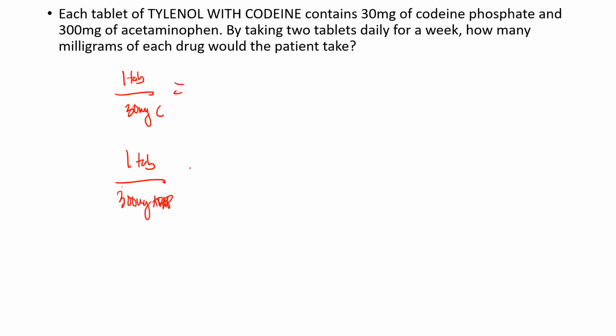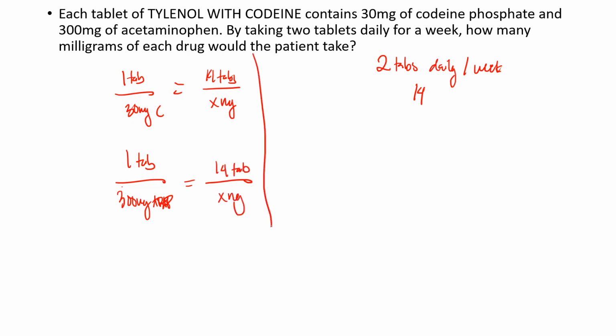Now, you're taking a ratio of 2 tabs daily per week, that is 2 tabs per day. So you have 7 days, that is 14 tabs, and you are asking for how many milligrams of each substance.